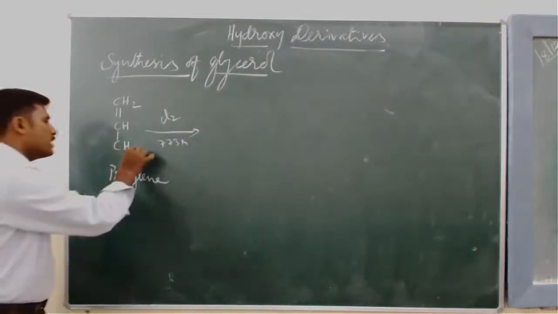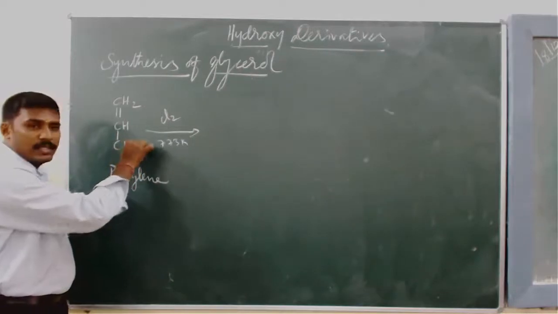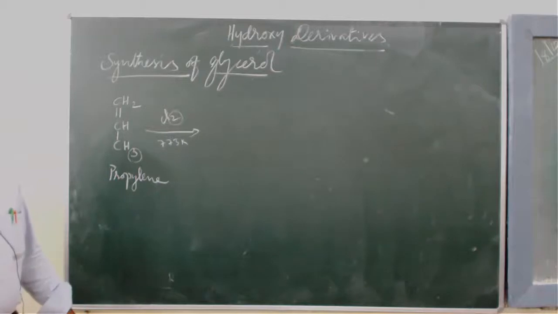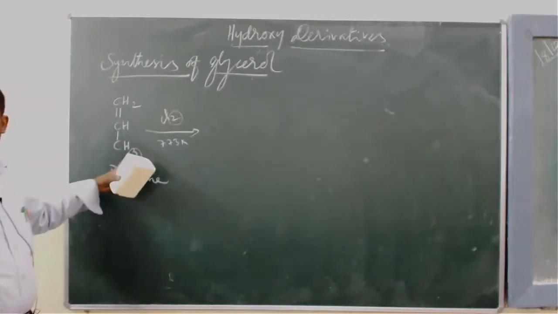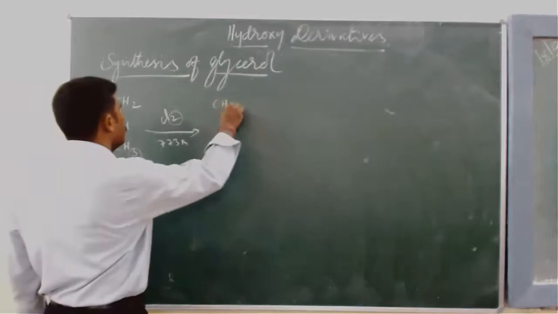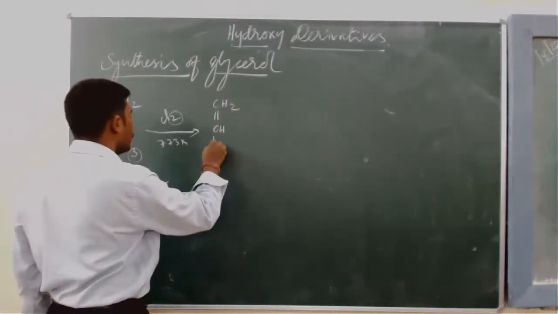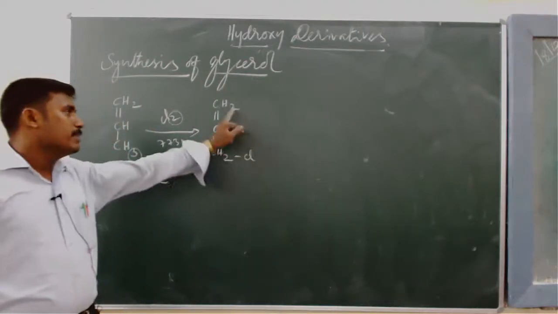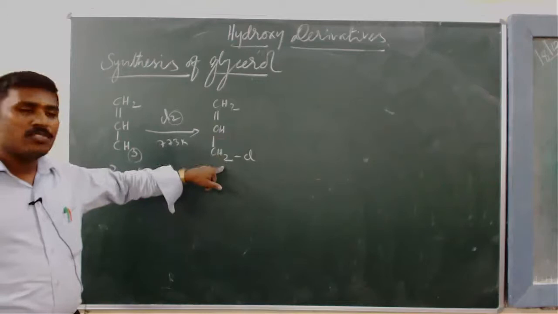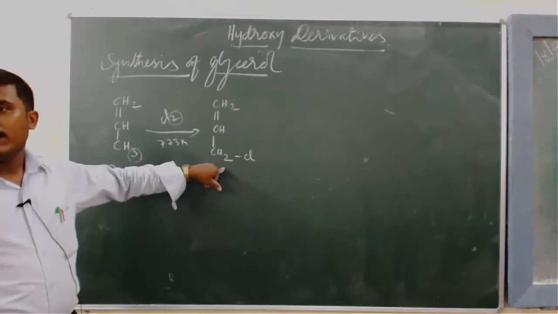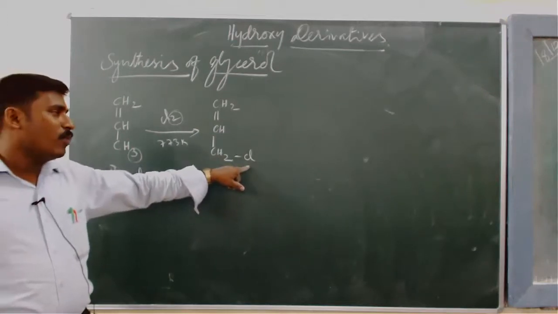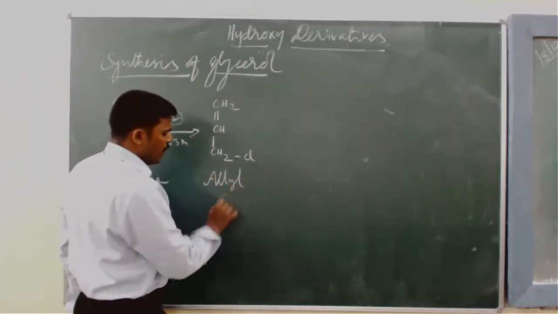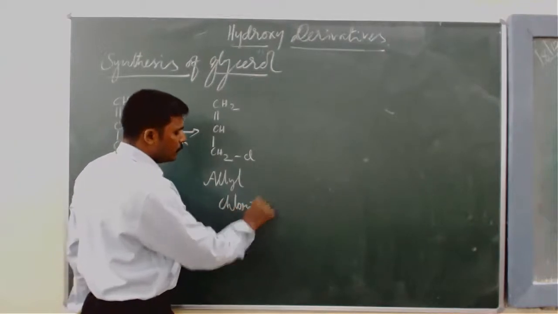One H out of 3 hydrogens is removed, 1 H and 1 Cl, removal of HCl. So here you can write CH2 double bond CH bond CH2Cl. Forget about Cl: CH2 double bond CH bond CH2 is named allyl. So allyl with one chloride is allyl chloride.